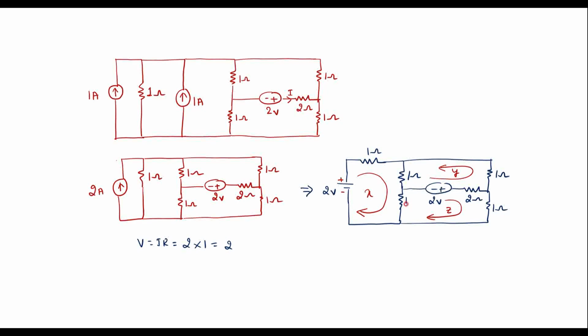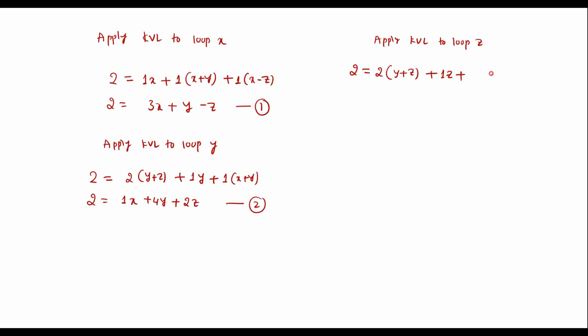Now we have to consider 1 in bracket Z minus X, because X is opposite to Z, that is 1 into Z minus X. Let me simplify.